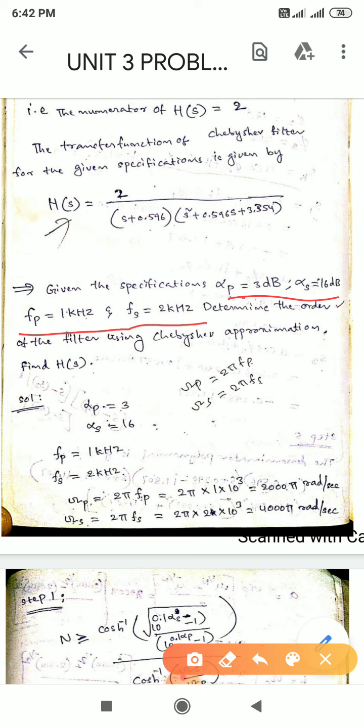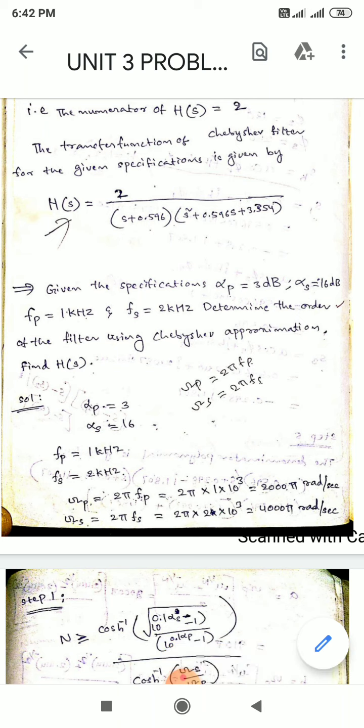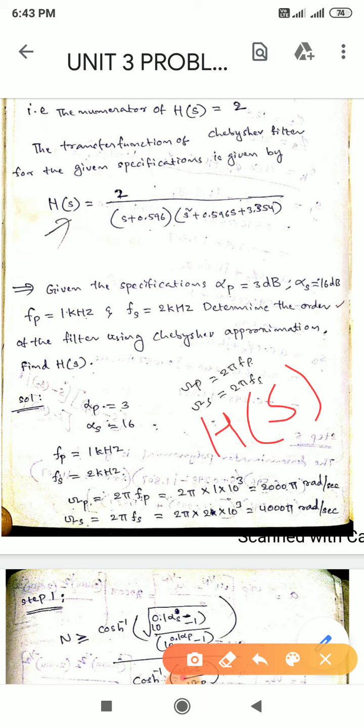Determine the order of the filter using Chebyshev approximation and find H(s). Here we are calculating, first, the order of the filter, capital N, and second, H(s), the transfer function of the filter.